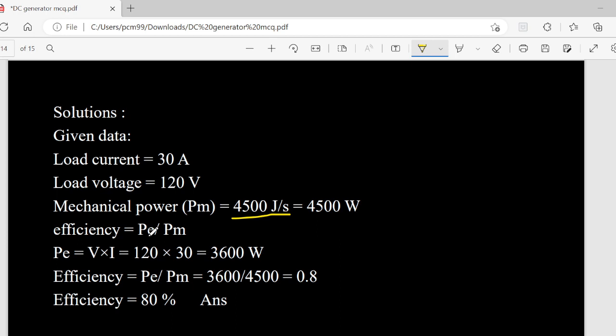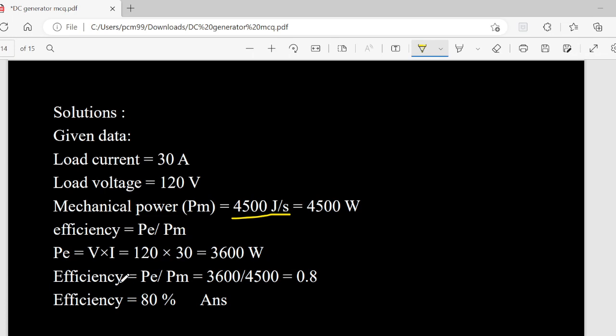So electrical power, how to find electrical power? First of all, put the formula. The formula for electrical power is the product of voltage and current. So V multiplied by I. V is given 120 volt and I is given 30 ampere. Now multiplying 120 into 30, you will get 3600 watt.